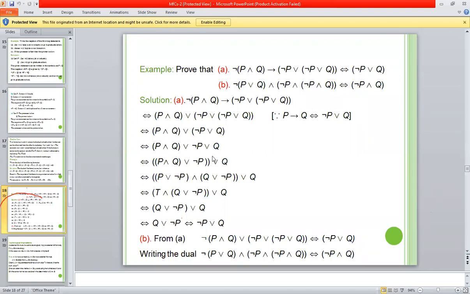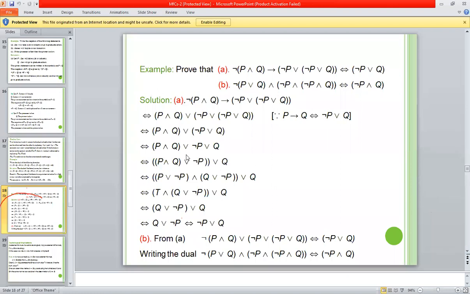So here we are grouping: P and Q or negation P, by the associative law. This is of the form P or Q or R. In place of P we have P and Q, and in place of Q we have negation P. So we write this like (P and Q) or (negation P or Q).